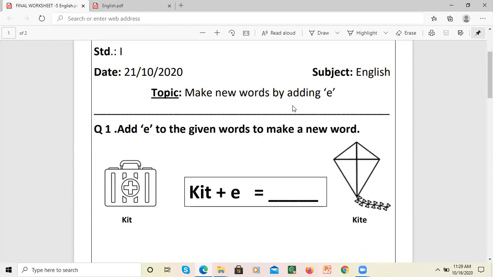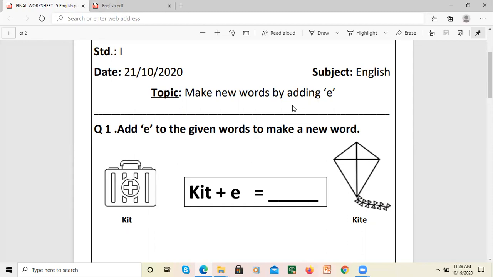Now, what happens when we add E to the word? Even in the examination, the question that comes before us is the same one. It says, make new words by adding E. Okay, that's all that comes in the examination as well.